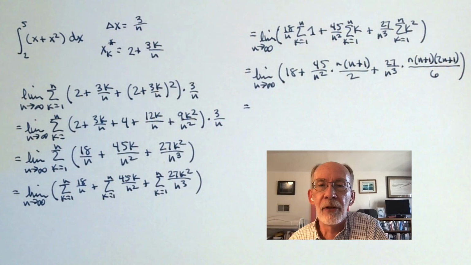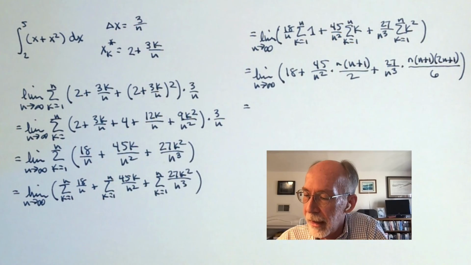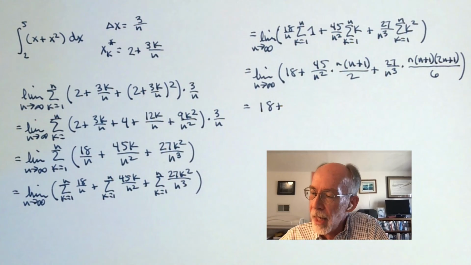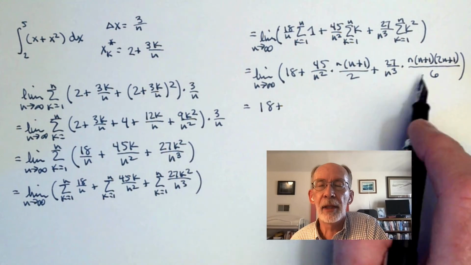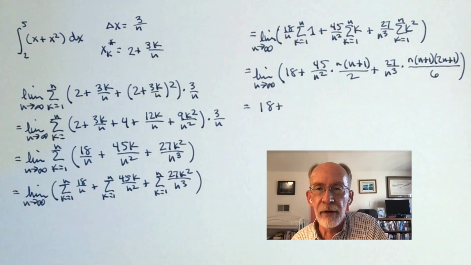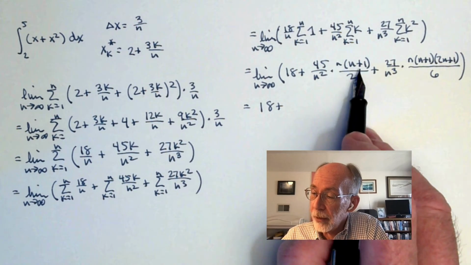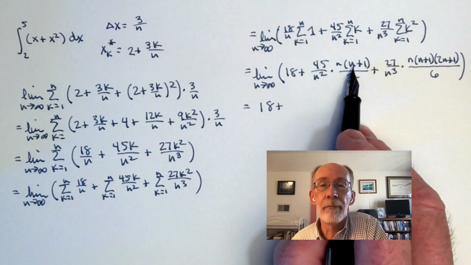Now, the limit as n goes to infinity of 18 is, wait for it, 18. What about that second term? These other two terms are rational expressions. Since it's a limit as n goes to infinity, their values are going to be driven by the highest degree terms. Highest degree term above is 45 times n squared.